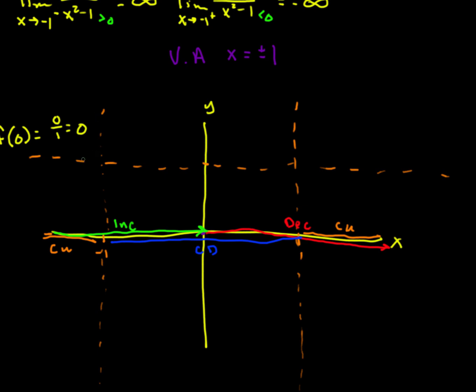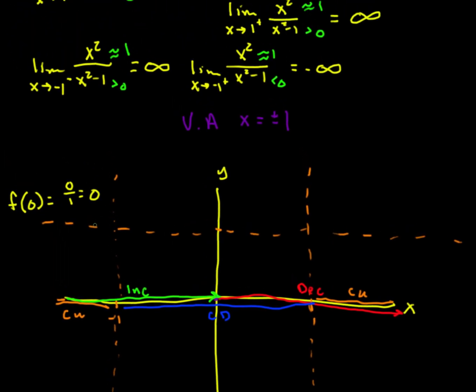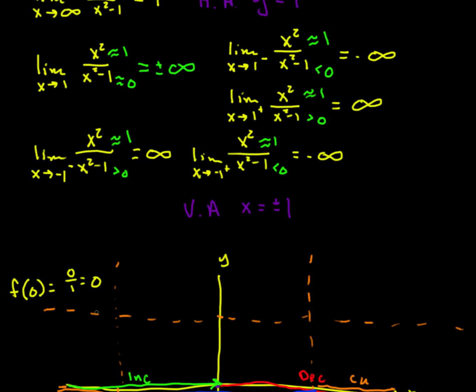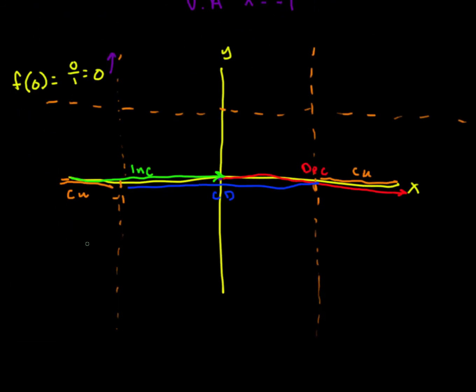Oh, well, actually, we computed these limits. Let's put them to use. As we approach negative 1 from the left, so that's to the left of this line, it's going to positive infinity, so it's going up that way. But on the other side, it's going to negative infinity, so it's going down.